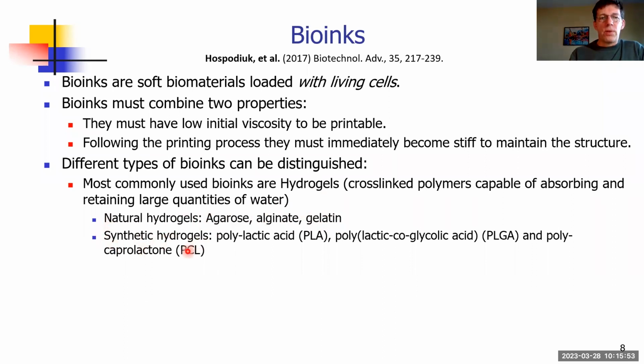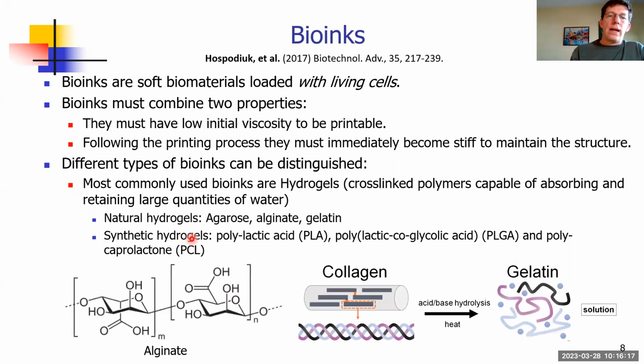In addition, there are some synthetic hydrogels like PLA, PLGA, or polycaprolactone. The synthetic hydrogels have the advantage that you can modify their characteristics by chemical synthesis. However, in many cases, the biocompatibility of natural hydrogels is better than that of synthetic hydrogels.